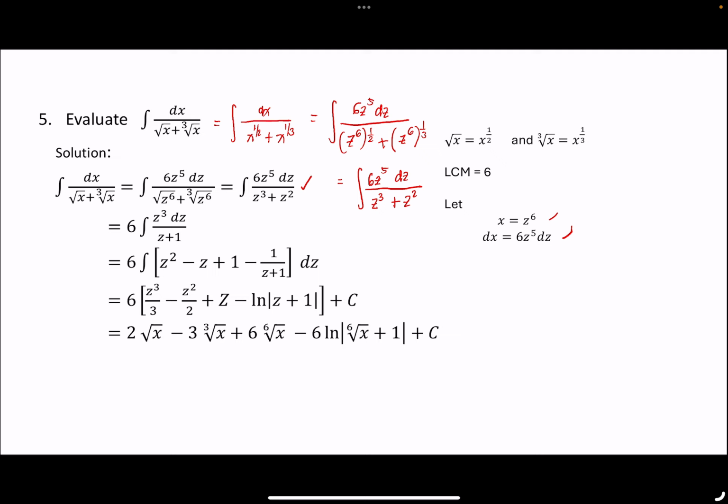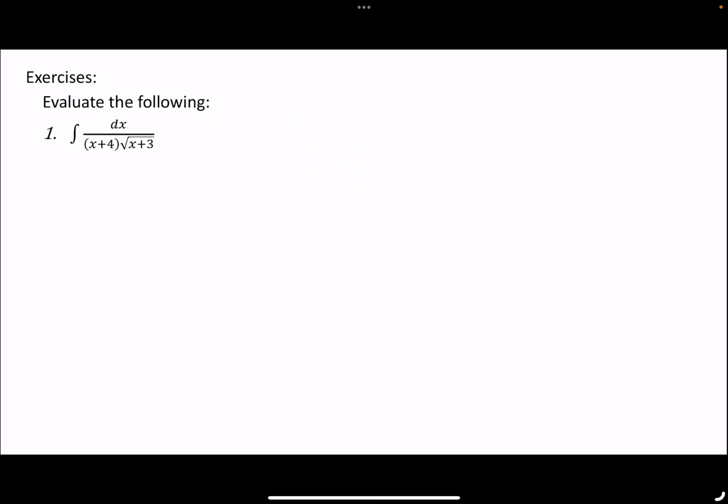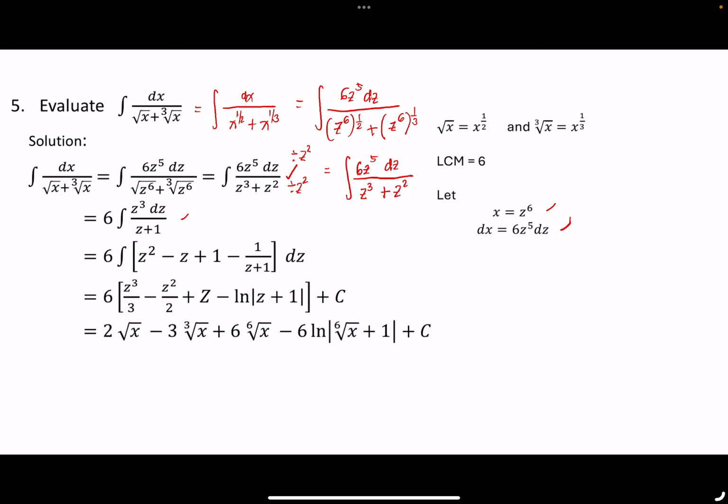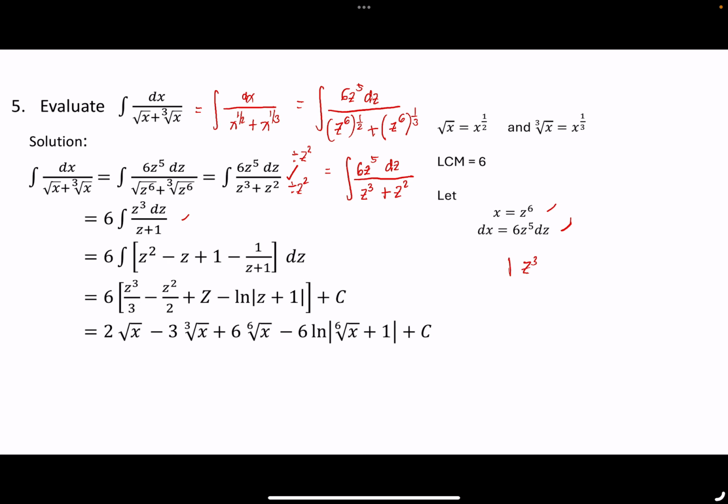So that would be this equivalent expression. We can divide both numerator and denominator by a certain power that would simplify the expression. In this case, we can divide both numerator and denominator by z squared. So we factored out 6 and we now have z cubed. And then for the denominator, we have z plus 1. So we have z cubed to be divided by z plus 1.